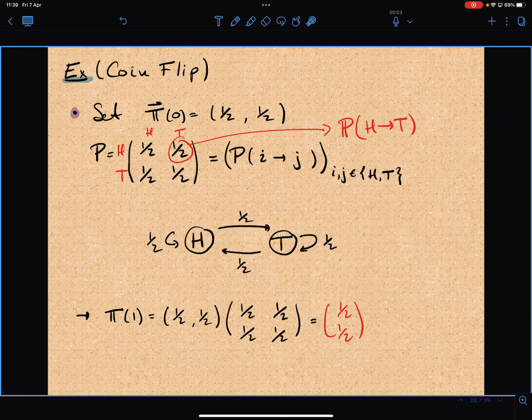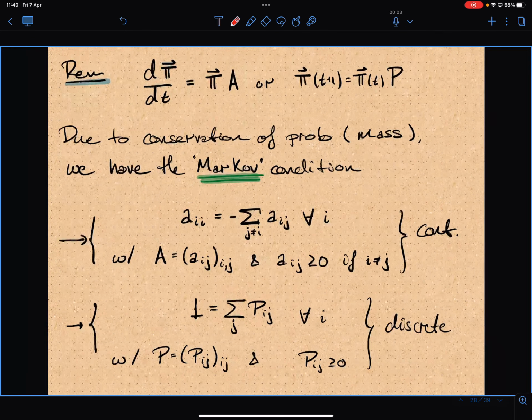If it doesn't add up to 1, then the sum of the elements of pi 1 may not add up to 1. Is pi 1 still a row vector at the end? Yeah. Thanks. So if we don't satisfy the Markov property, we might be losing some probability, and the elements of pi may not add up to 1.